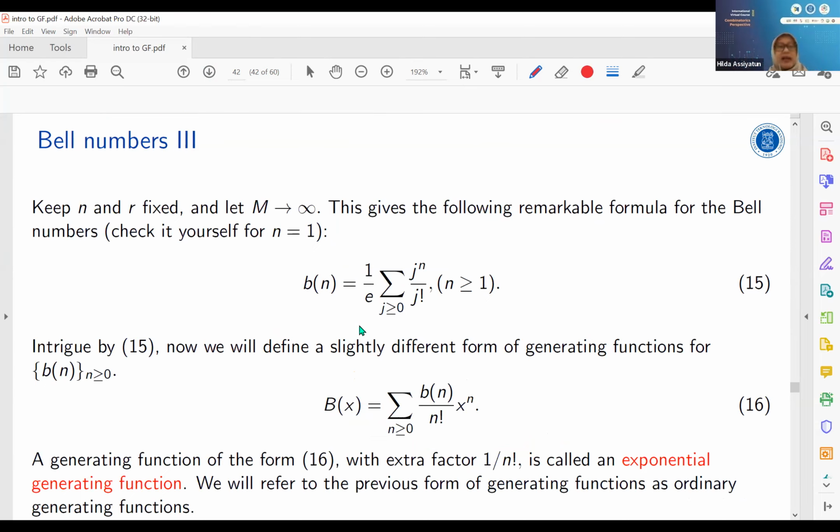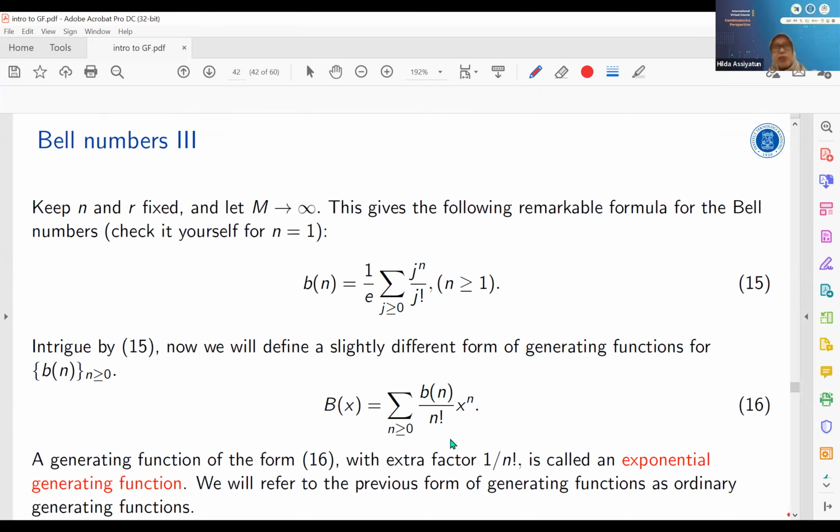More than that, this form motivates us to define another kind of generating function by putting in another extra factor, which is a factorial. Motivated by this form, now we define another form of generating function, which we call the exponential generating function, like this.